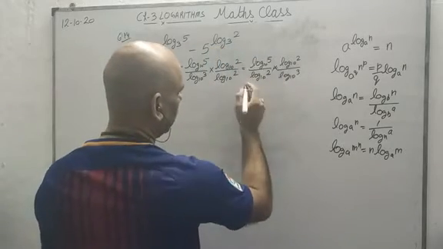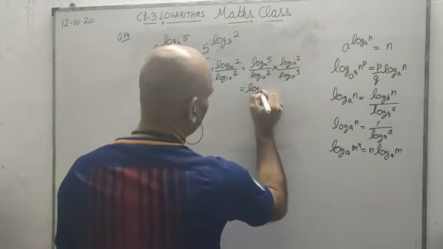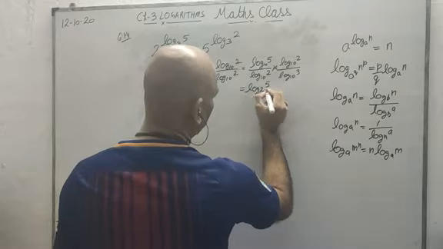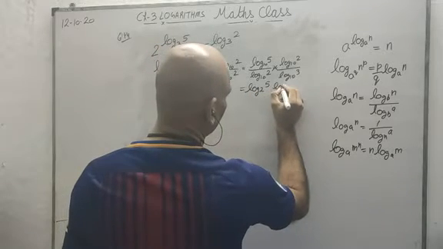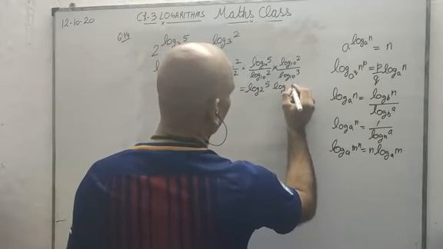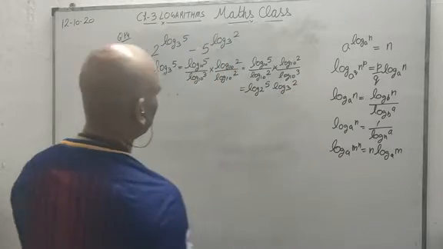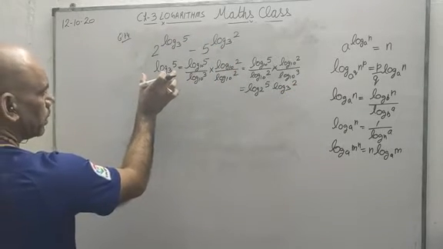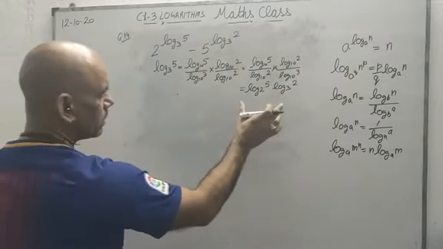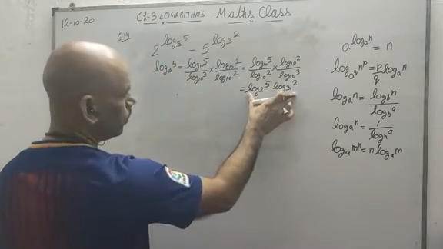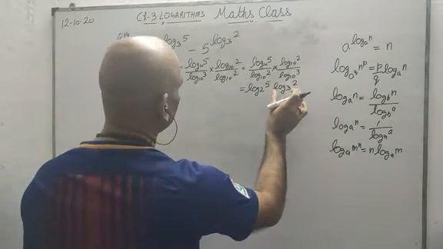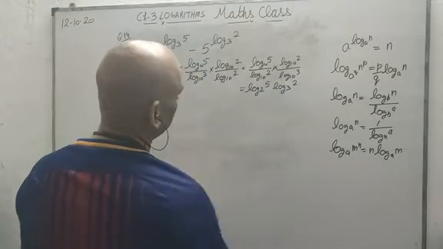So this can be written as log 5 base 2 and this can be written as log 2 base 3. So ultimately I have changed log 5 base 3 as log 5 base 2 and log 2 base 3.